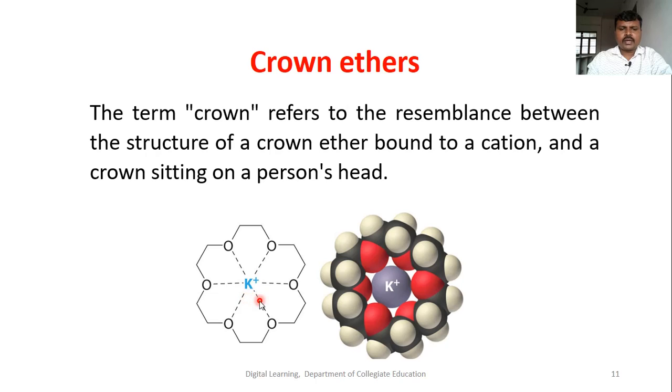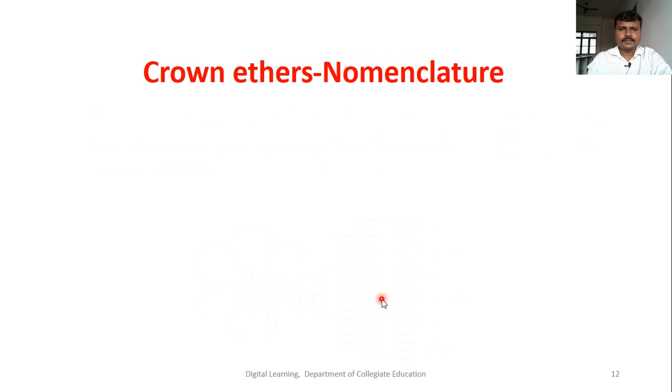So this type of cation can be accommodated by crown ethers. That's why the name itself is given as crown ethers. This is the molecular diagram for this particular crown ether.